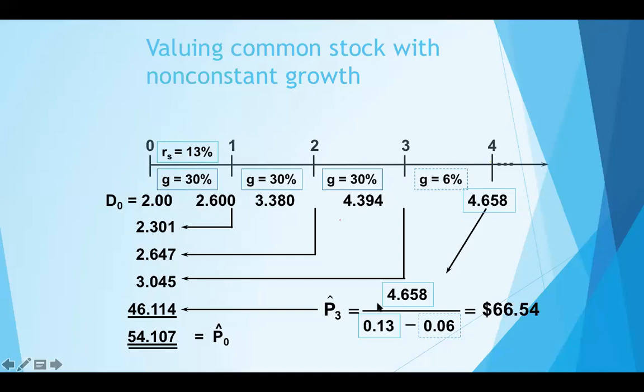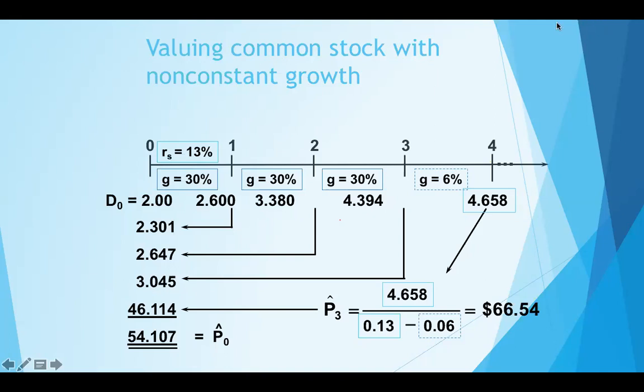Then we find P3, not P0, but P3 using D4. We plug in the formula. But it's the third year price, so we need to discount this to today. We discount it to today and add them all.